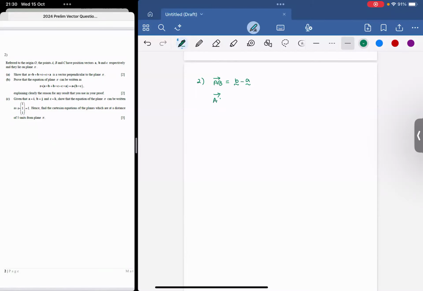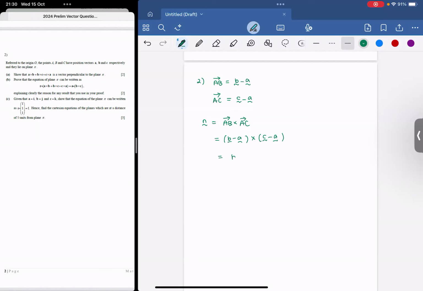You can find any two direction vectors on the plane. This will be C minus A. Then we now know that the normal vector is just equal to AB cross AC. So our vector must be parallel to that. Okay, so B minus A cross C minus A.